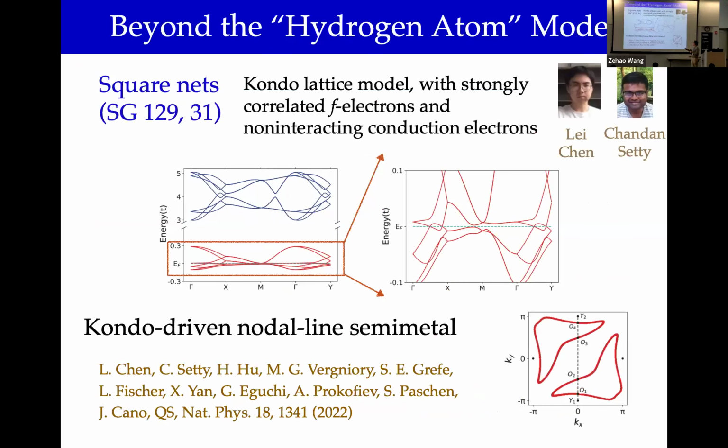For generality, we went beyond the diamond lattice, in this case some square nets with particular space groups, to show that the Kondo effect could also generate other types of nodes, such as the nodal line, the line nodes that was also mentioned earlier in the morning, but again associated with these composite fermions. And you can calculate a variety of things to show that that is a topological nodal line semi-metal.